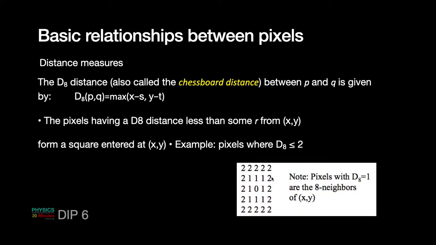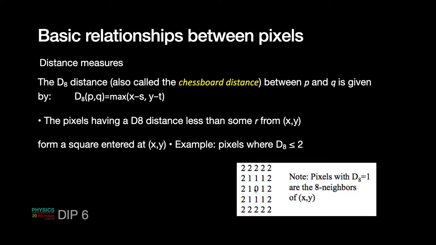So this is also at a D8 distance of 2 from the origin. Similarly, if you go 2 diagonal steps, you will get here. This is again at a D8 distance of 2 from the center. So you have to be careful.